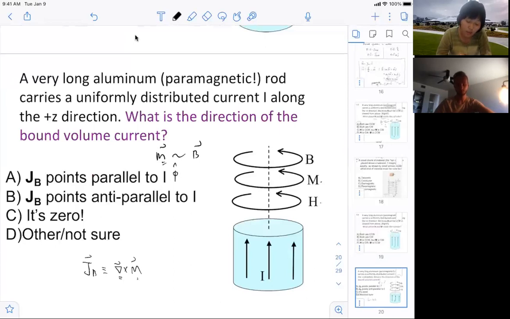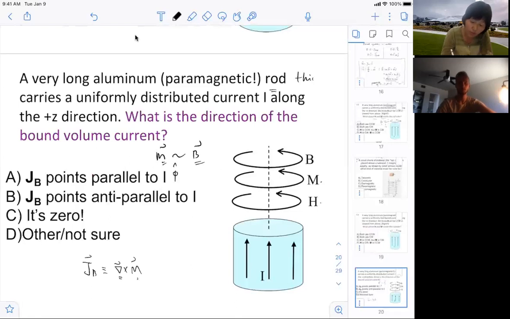Another thing is, exactly how is M related to the other variables? Then you need to think about how B is related to other variables. So one thing I want to remind us is we do know what B is for a thick wire. So this is a cylinder, right? So this is a thick wire.